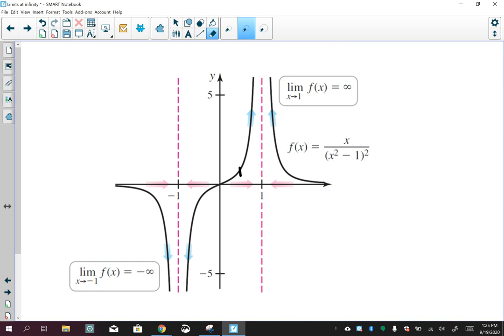And that's where you take a look at the numbers around it. Am I getting consistently bigger, or am I getting consistently smaller as I'm approaching? Because as long as you're increasing, then you know that you're going to be going up towards infinity. But if you decrease in value, you have negative numbers, then you're going down to negative infinity. Okay.